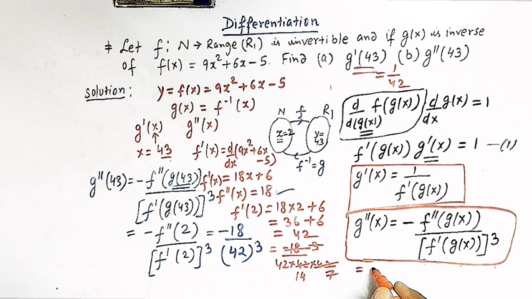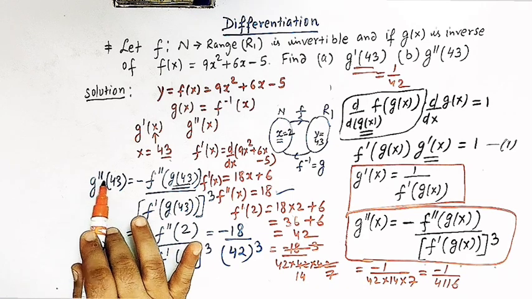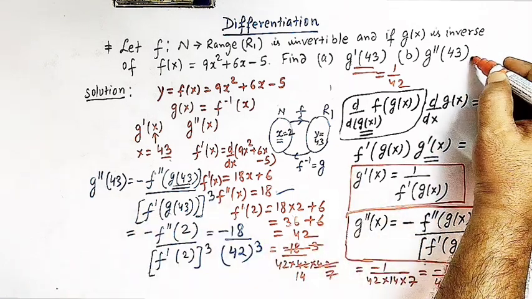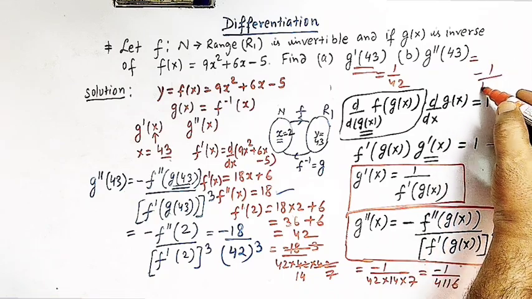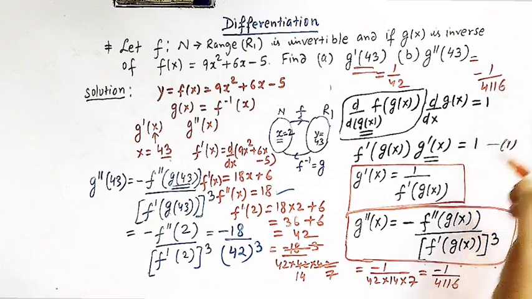So we have a −1 in the numerator, and here we have 42 times 14 times 7, and if we multiply all these three numbers, we'll get −1 over 4116, right? So viewers, the value of g″(43) is given by −1 over 4116.